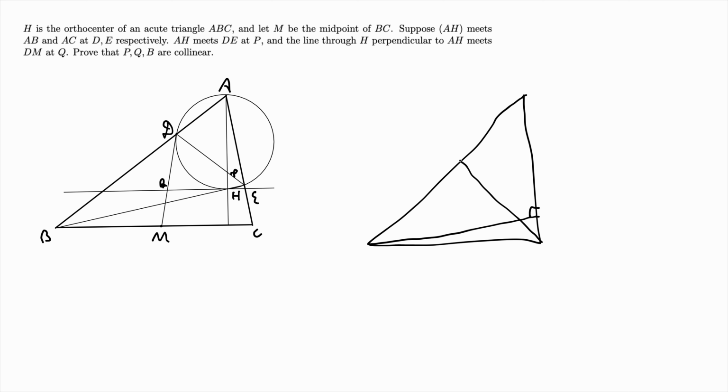Here to here, that's 90 degrees. This is obviously the orthocenter. We know that this quadrilateral is cyclic because 90 plus 90 equals 180. Yes, this is a circle.